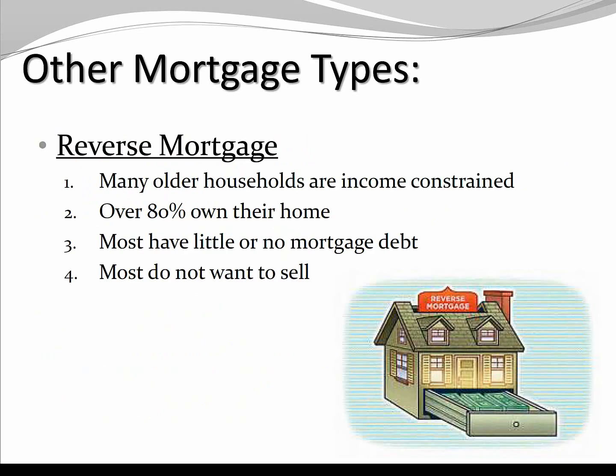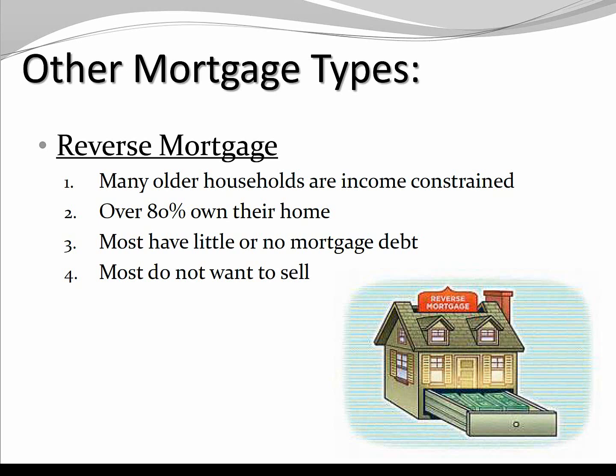A reverse mortgage mostly happens for senior households, because a lot of seniors have constrained income after they retire. However, as they pay down the loan on their property for a very long time, they own more than 80% of the equity in their property.